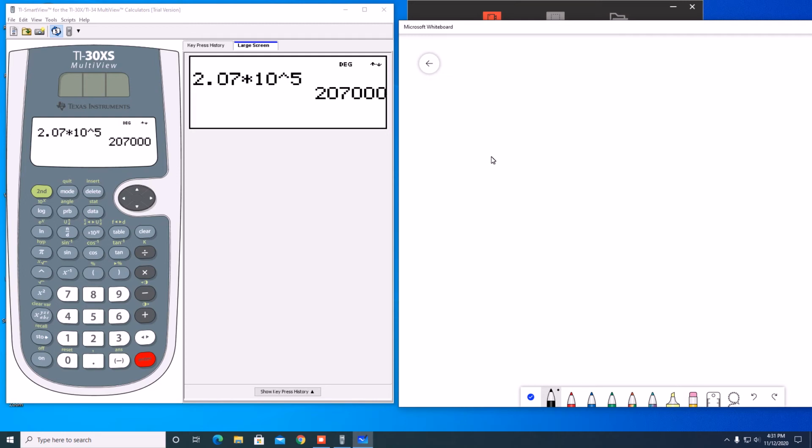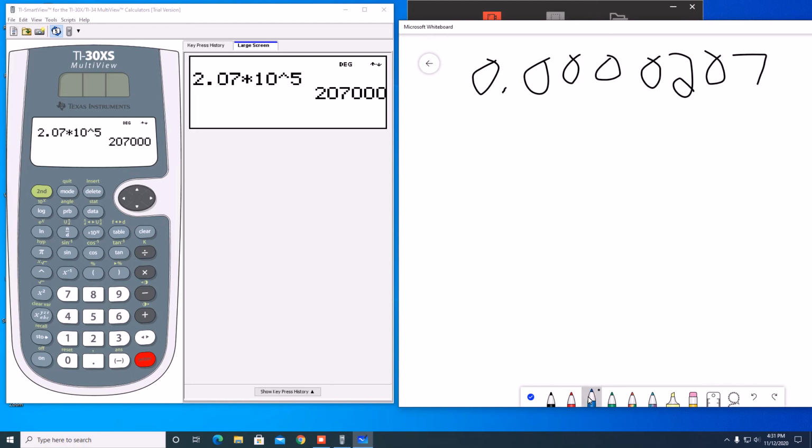Okay. So I have 0 point and 4 zeros behind that. And I have 207. So same thing, we want to make this a number between 1 and 9.